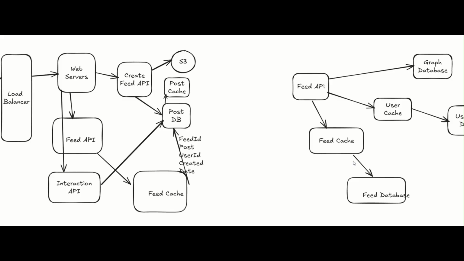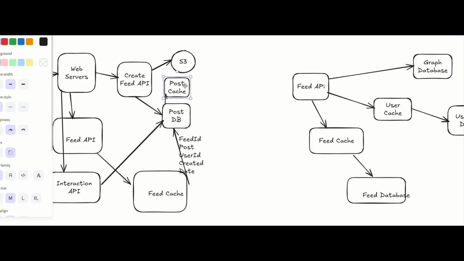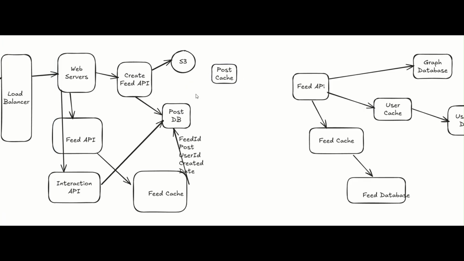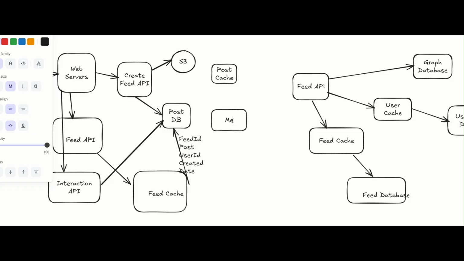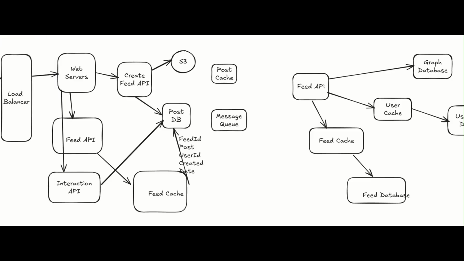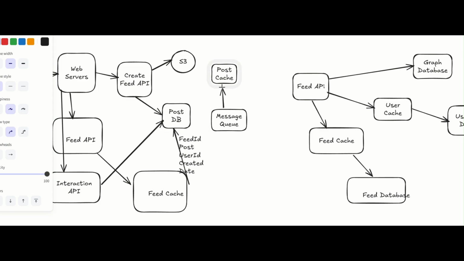Now in terms of push, which happens when you are creating feed, I would suggest it would be a good idea to push data into the cache by using a message queue. So when you save data into the database, we will send all the saved data into the message queue, and then from the message queue, it will send all the data into the post cache. And why should we use a message queue?